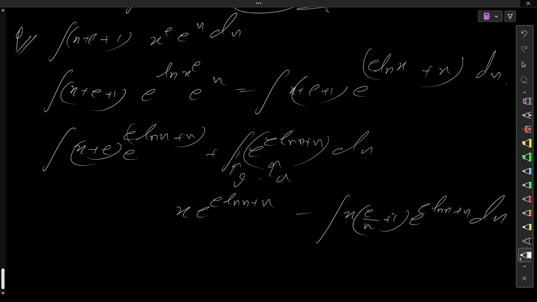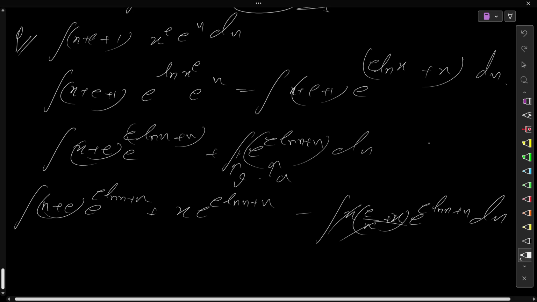Right, so x and x will get cancelled. As I can see there, I'm getting some hope of the integrals getting cancelled out. So by the laws of cancellation, this and this integral will get cancelled out, so we are left with x e to the power of e ln x plus x plus c.